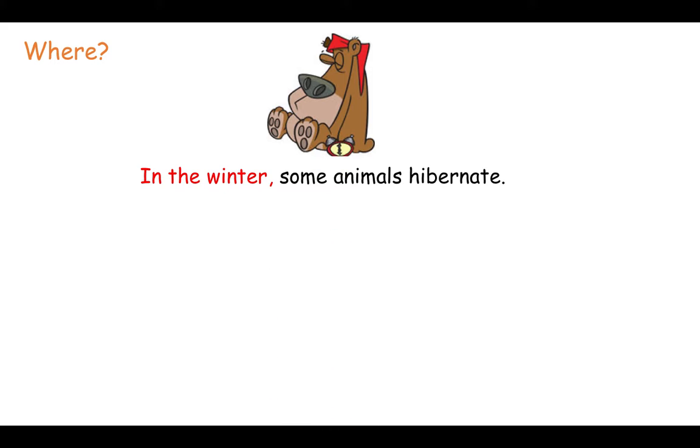So what I'm going to do is show you some examples of fronted adverbials now, which will hopefully remind you what fronted adverbials are. Here are some examples which include a fronted adverbial for describing where something is. In the winter, some animals hibernate. Outside my house, I found a pizza.